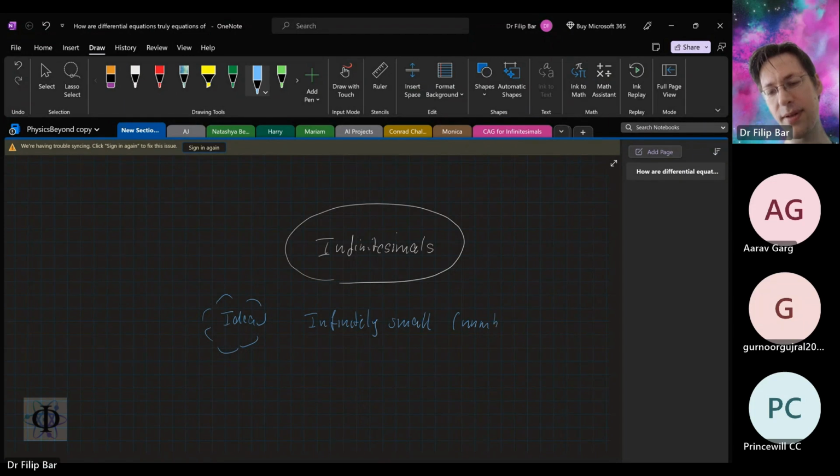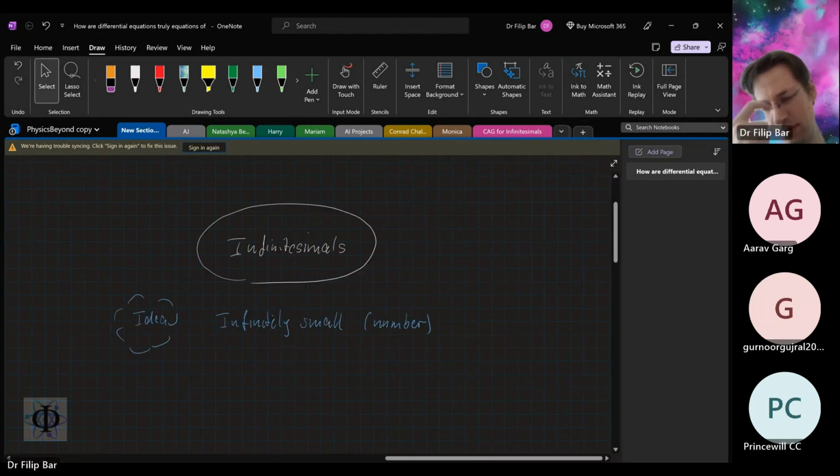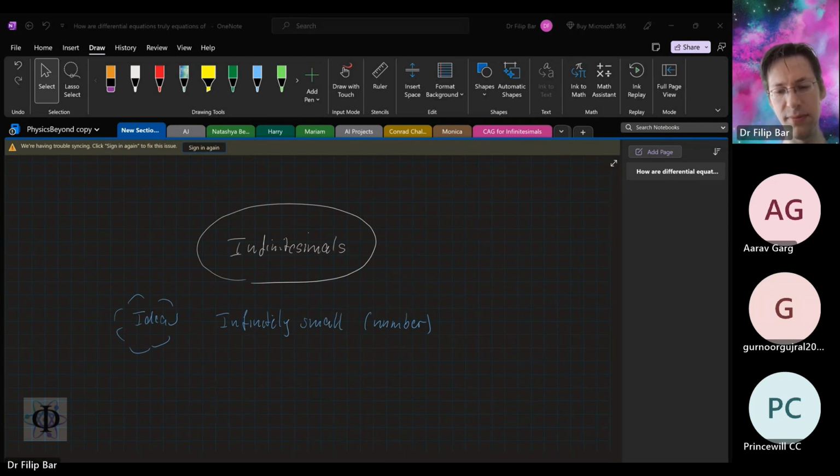Now, can there be something infinitely small? Technically, 0 is infinitely small. I would say 0 is 0. It's not infinitely small, it's just 0. You could argue with me, but we can have an argument. But okay, let's go along.